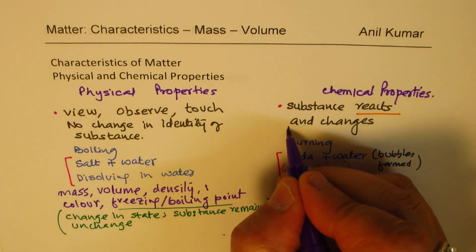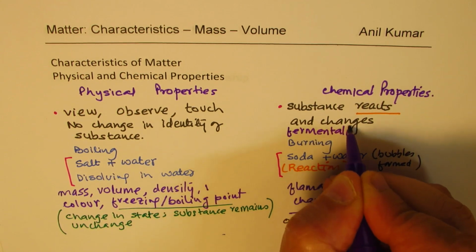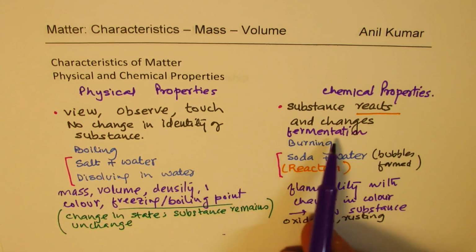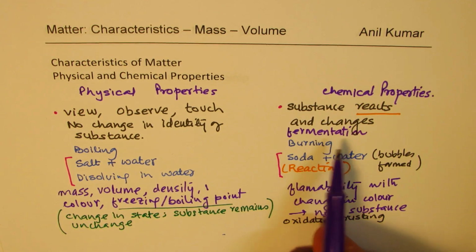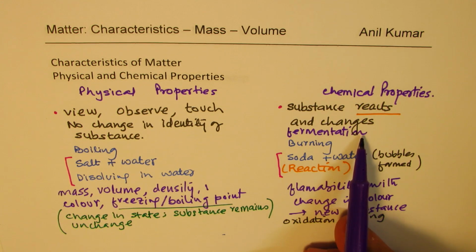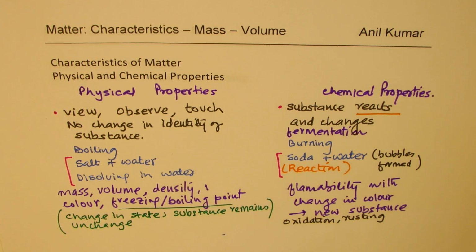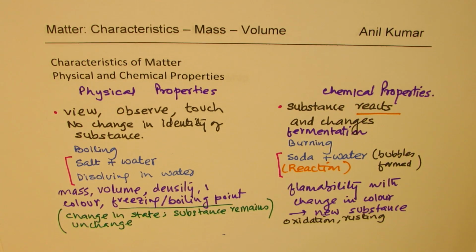Let me add here, fermentation. In the process of making yogurt or curd or even alcohol from sugar, fermentation changes the substance into a new substance. So that becomes a chemical property. You understand, right? Those are good examples to think about.